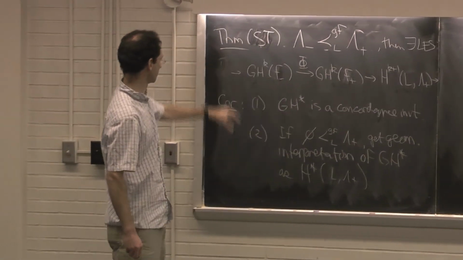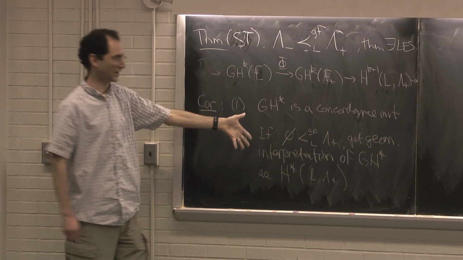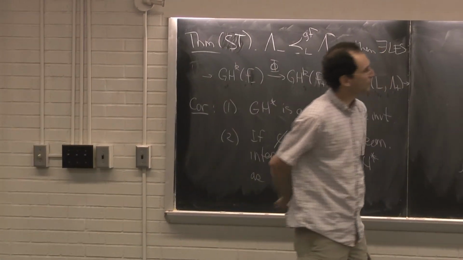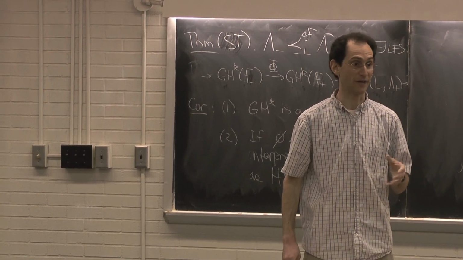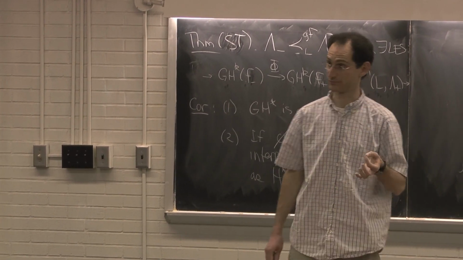Okay. And an interesting aspect of this theorem, beyond these two quite nice, if you ask me, immediate corollaries, is that we can now use it to go back and look a little bit at the Legendrian isotopy question.